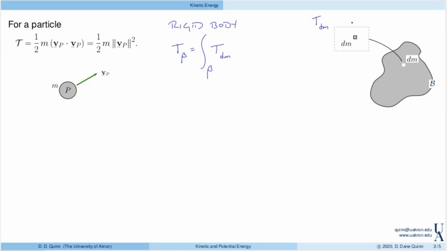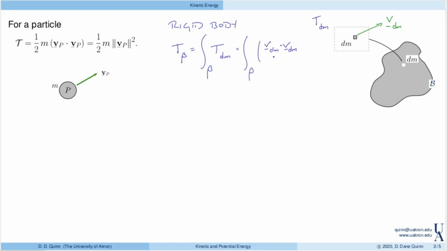Well, how much kinetic energy is in this small mass element dm? Well, once again, let's assume that it has a velocity, v, and we'll say it's v of dm, right? So that indicates the velocity of this little bitty mass element. So the kinetic energy can be written as the integral over the body of v dm dot v dm.